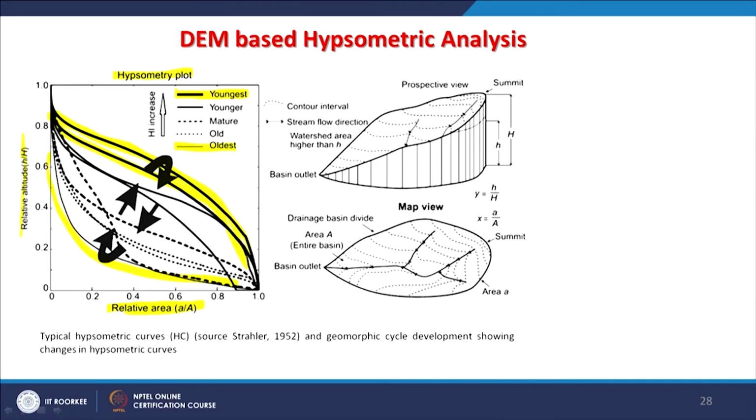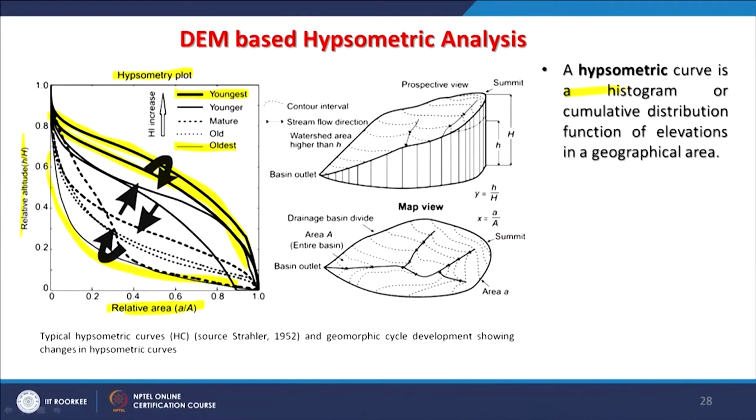These will represent very young terrain. So, for any terrain we can use the age factor, or indirectly use it from a tectonics or erosional point of view. A hypsometric curve is basically a histogram, or cumulative distribution function, of elevations in a geographic area.